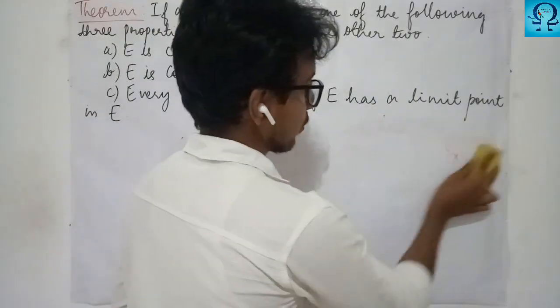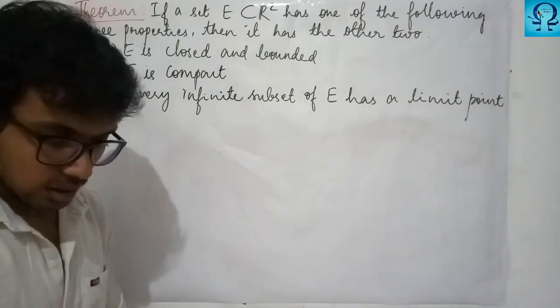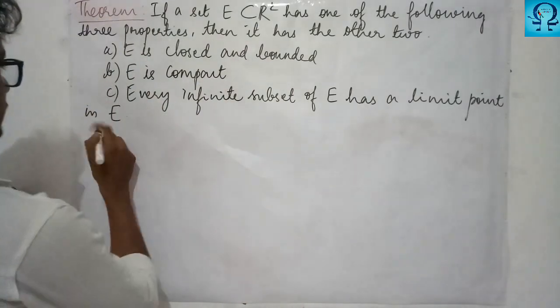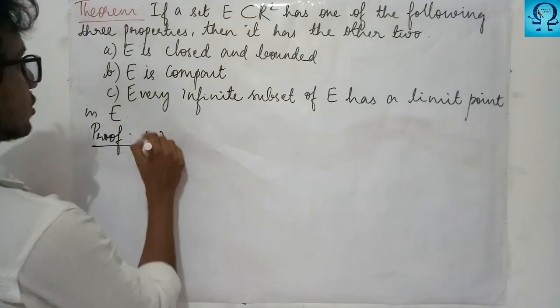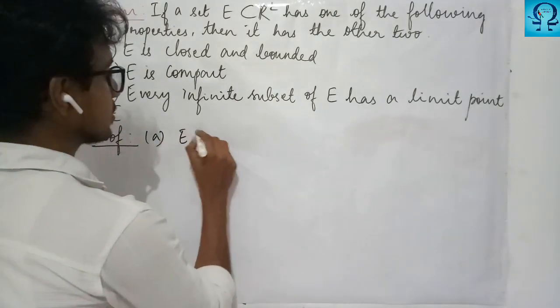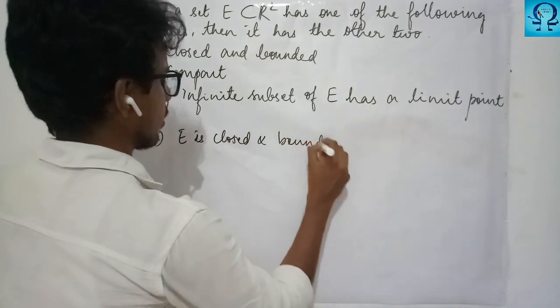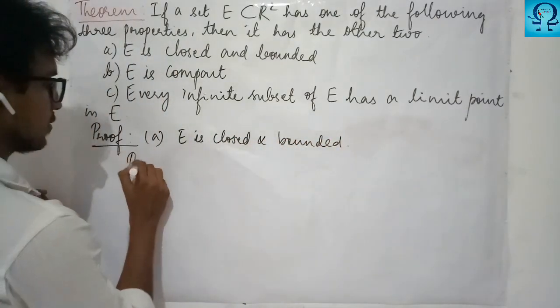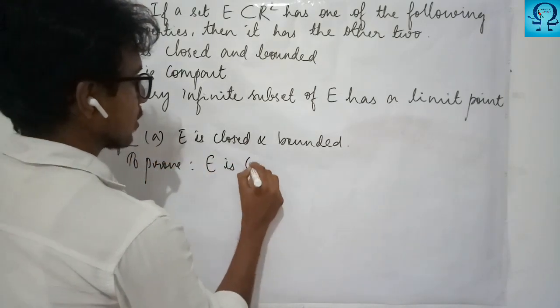Let us get into the proof of this theorem. Here, first, what are we assuming? We assume that a set E is closed and bounded. This is the assumption. With this, we need to prove that this set is compact.